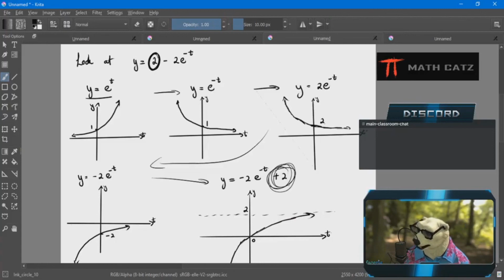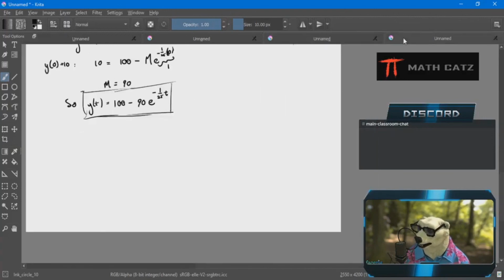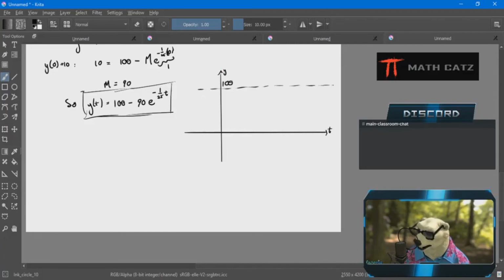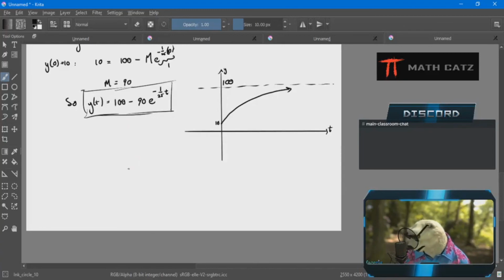So when I look at this new function, I see when I do transformations on this, the vertical shift that will happen is going to be this 100. So my capacity here is 100. I'm not starting at 0, I'm starting at 10. And there's my function. I don't have to look at these more unpleasant numbers to understand what the transformations are doing to get the graph.